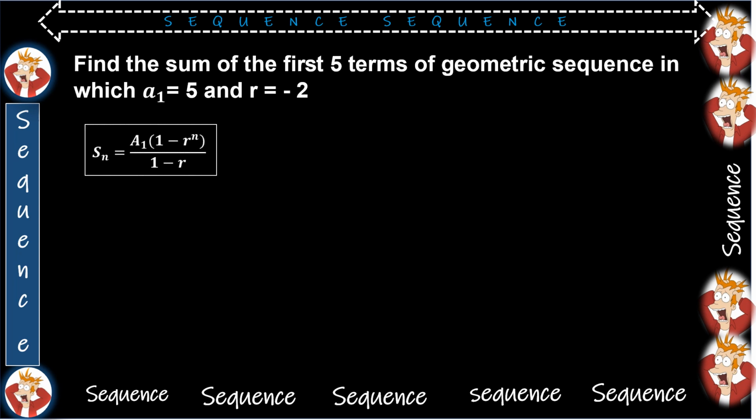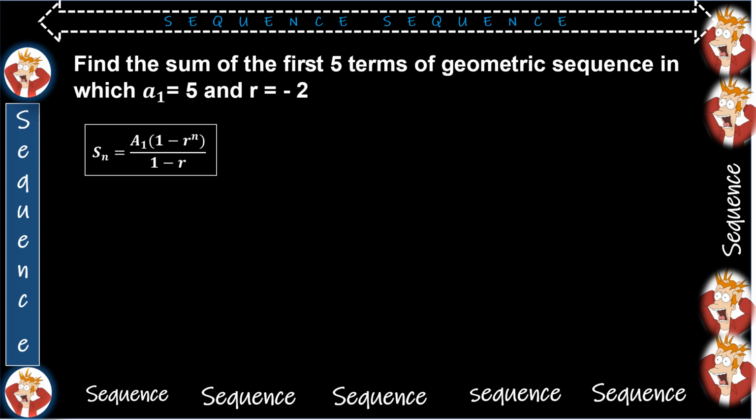So, let's have the formula. Para makuha po yun, kailangan po natin ng formula ng sum of the geometric sequence. And it is equivalent to S sub n, or the sum of the geometric sequence, is equals to a sub 1 multiplied by 1 minus r raised to n over 1 minus r. Then, substitute lang natin sila.